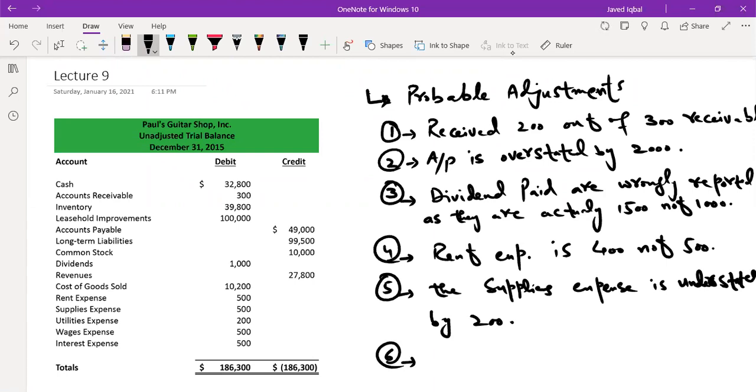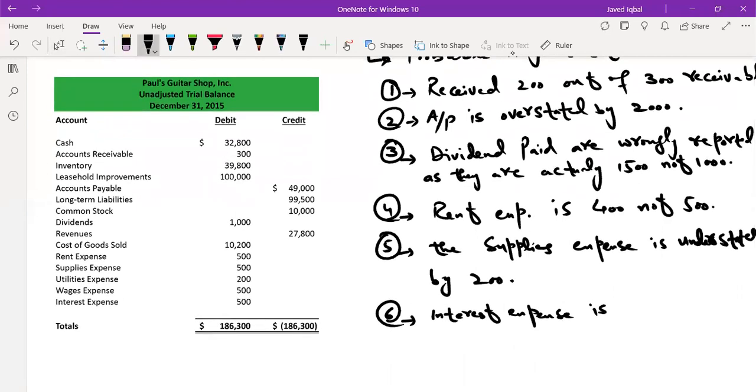And the last probable adjustment could be that interest expense is 1000, not 500.